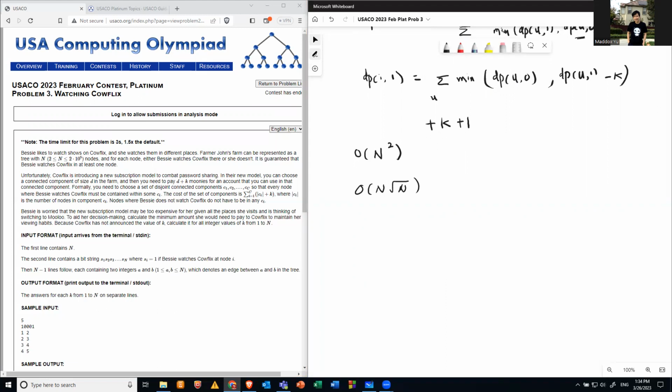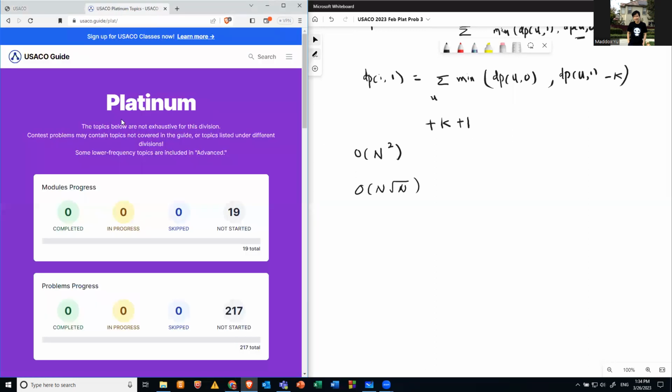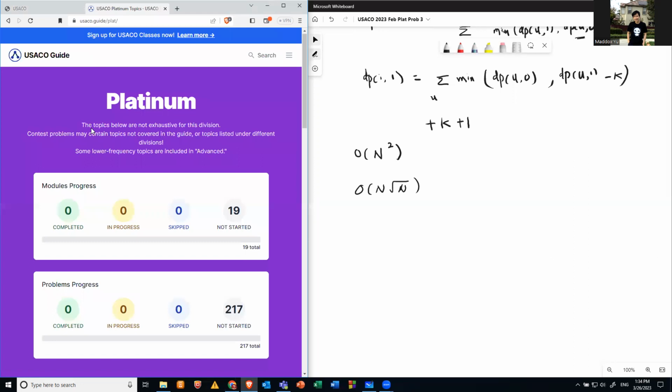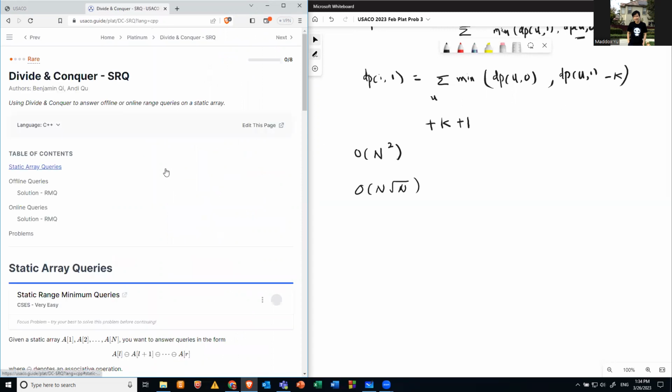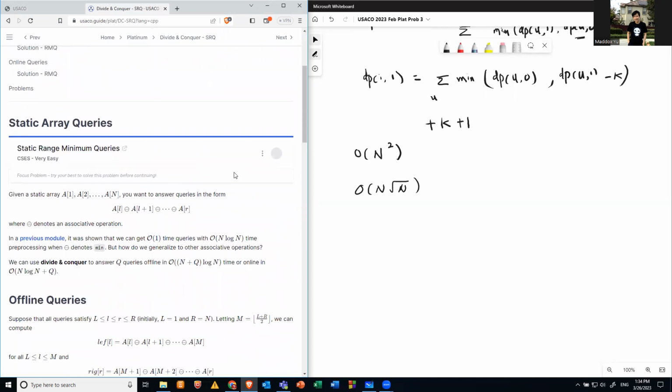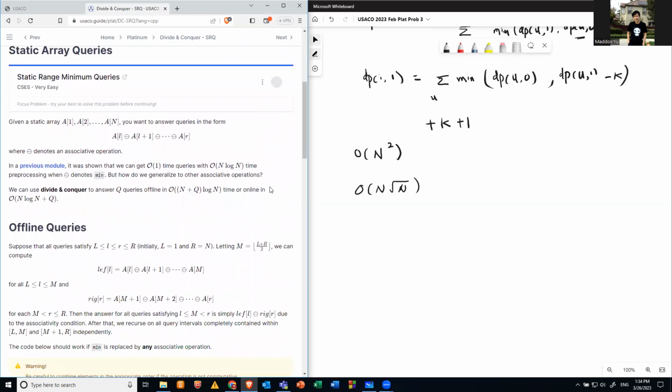Okay. So now here, I want you to come back to the USACO guide at the pattern level. Remember, we talked about divide and conquer, and we talked about square root decomposition. So divide and conquer, what does divide and conquer work?